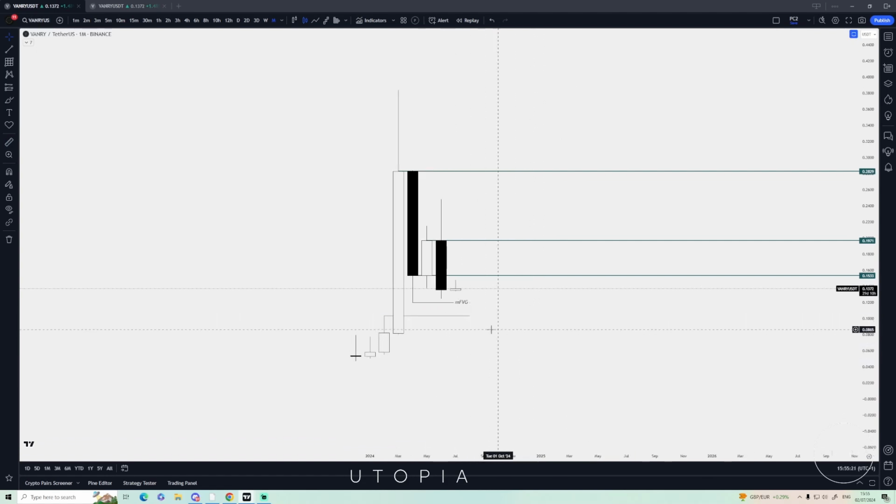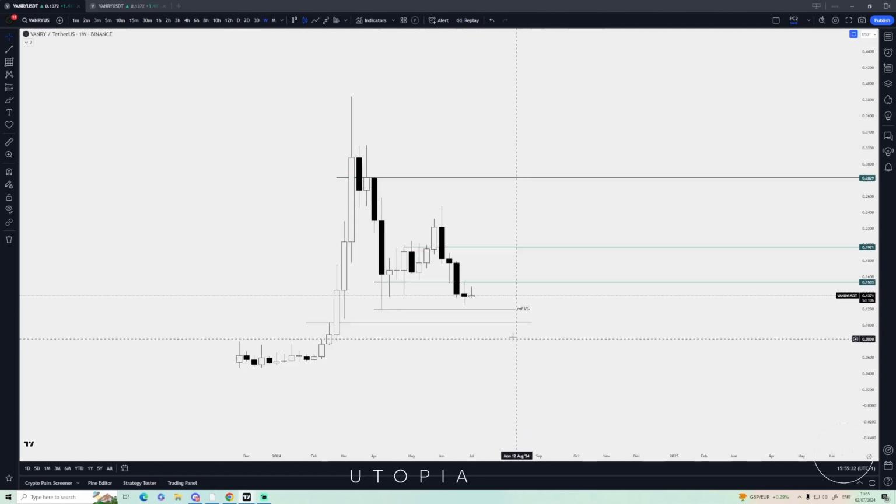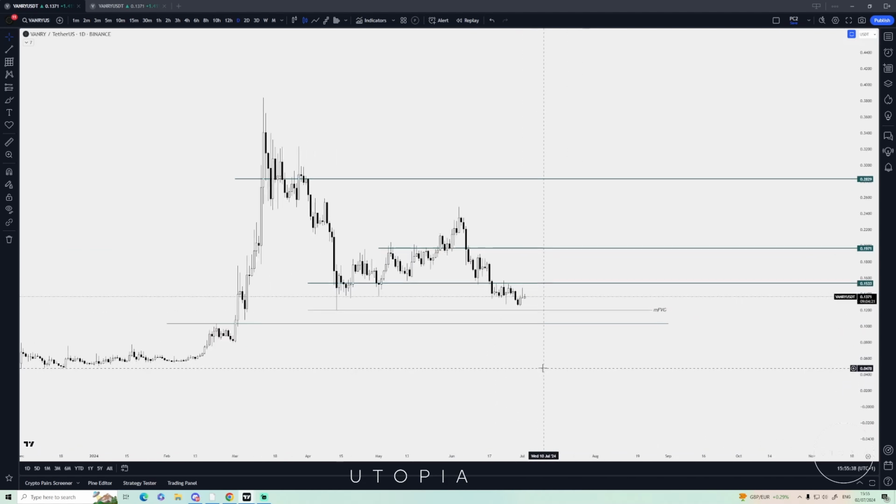Definitely keep an eye on this monthly fair value gap below for a spot entry. If the weekly or daily can't reclaim this monthly level, then I think there's a high chance that this monthly fair value gap could get filled lower.